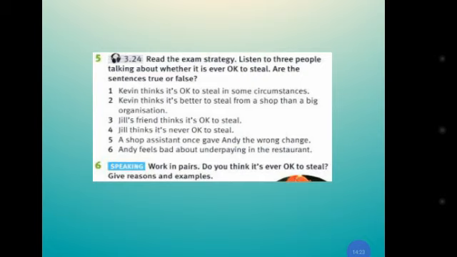Kevin thinks it's better to steal from a shop than a big organization. Jill's friend thinks it's okay to steal. Jill thinks it's never okay to steal. A shop assistant once gave Andy the wrong change. Andy feels bad about underpaying in the restaurant.